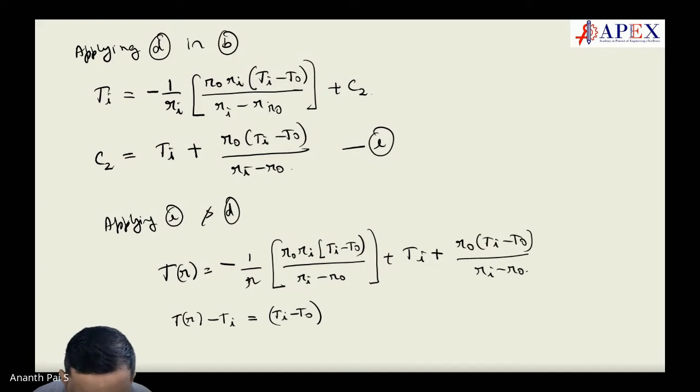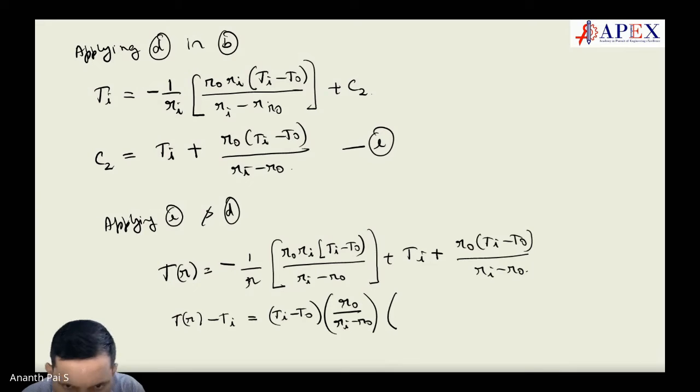And inside I can get 1 minus Ri by R. You're taking Ri, not R naught.